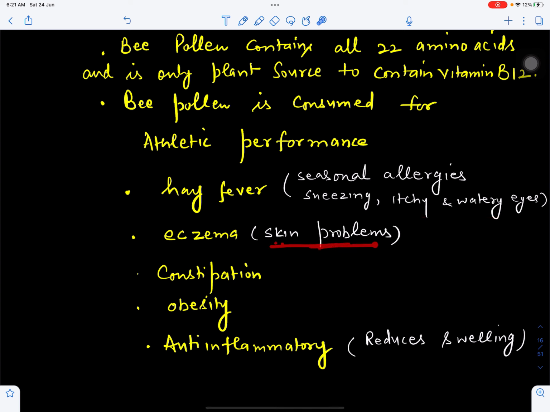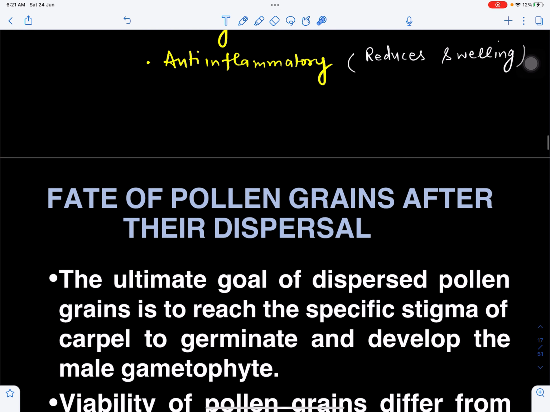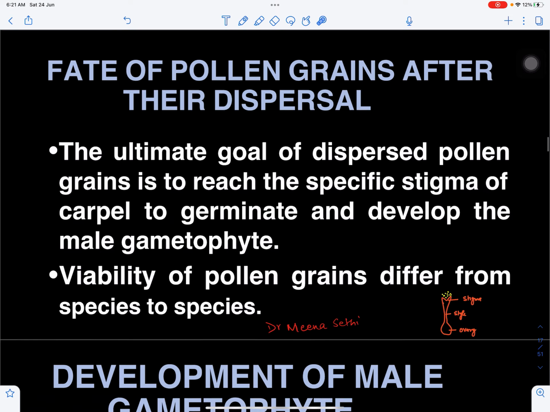This is called a skin problem. Constipation, proper bowel movement is not there, obesity leads to the formation of fat, and this also is anti-inflammatory in nature. This reduces the inflammation or swelling in the body. So these are the important points or nutrients of the pollen grains.